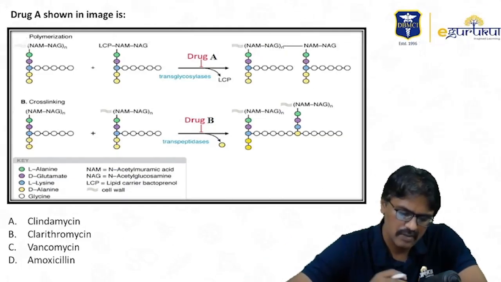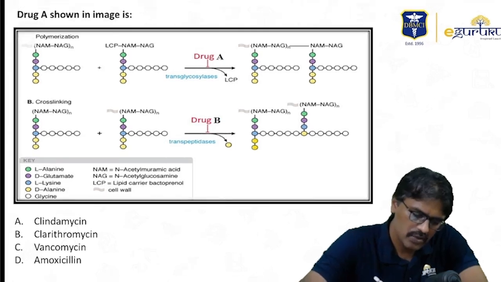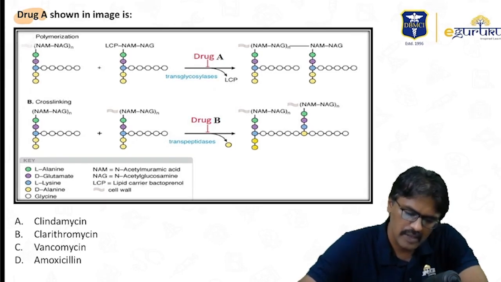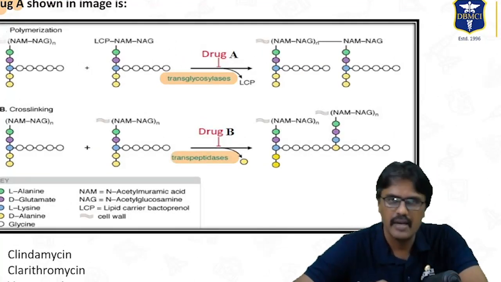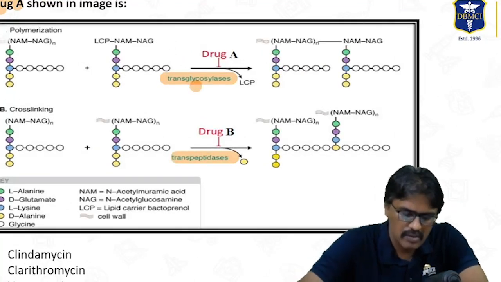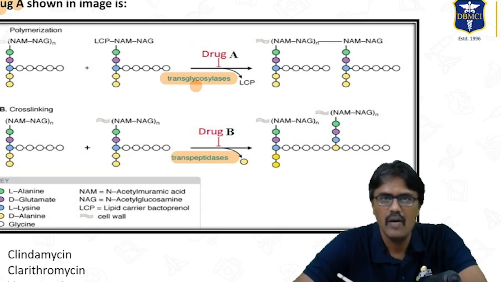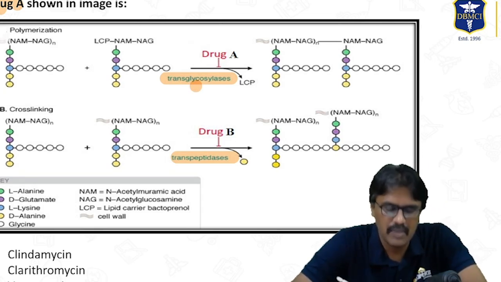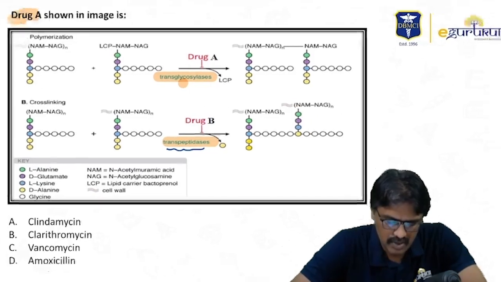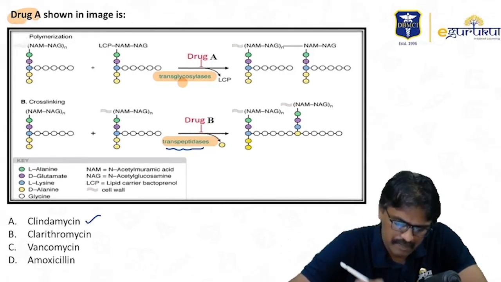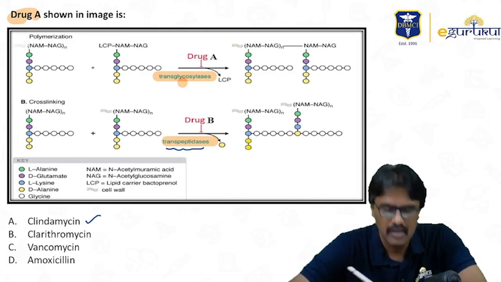Drug A shown in the images. You can see here drug A is inhibiting transglycosylase, drug B is inhibiting transpeptidase. Transglycosylase is inhibited by glycopeptides such as vancomycin. Transpeptidase is inhibited by beta lactams. Now, what is the drug? Clindamycin is a protein synthesis inhibitor.